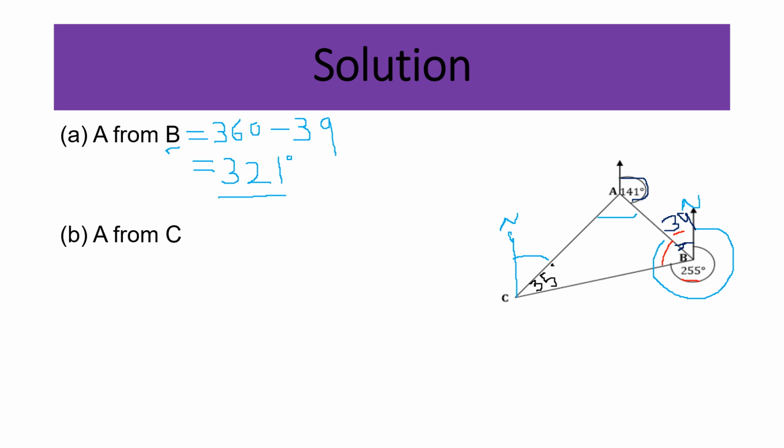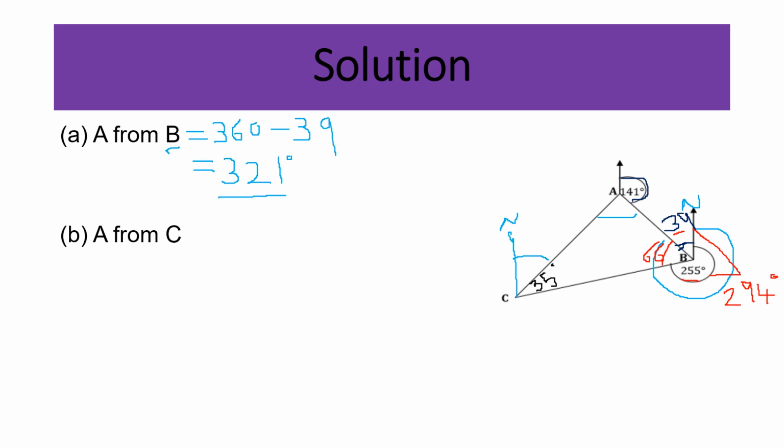When you add 255 plus 39, you get 294 degrees. Then the 294, you subtract from 360, and you get 66 here.